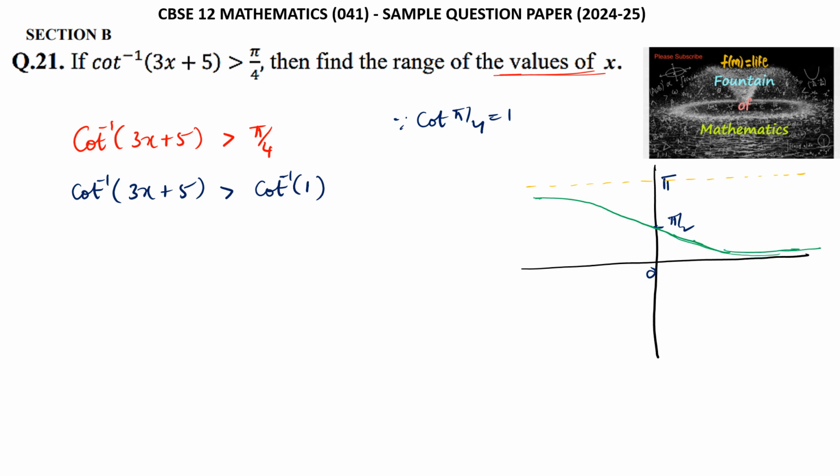It's a decreasing function in 0 to, here let us consider 1, when the graph is decreasing, or for all positive values, cot inverse x is decreasing we can say.